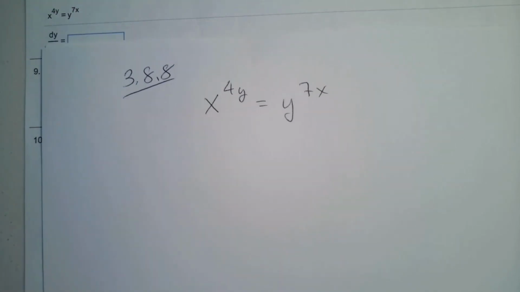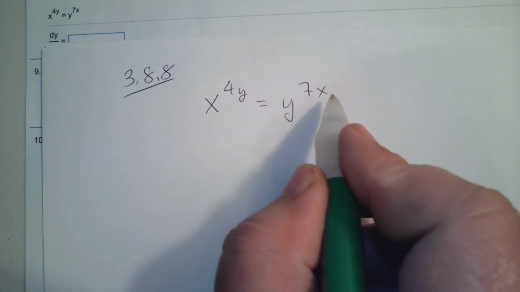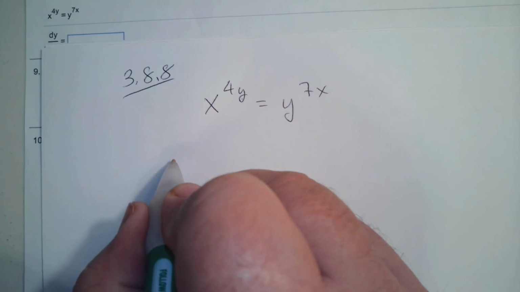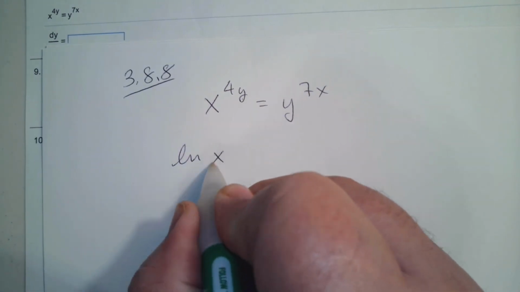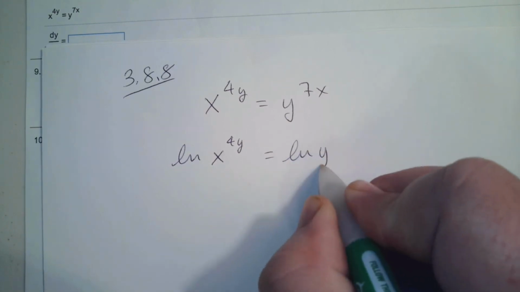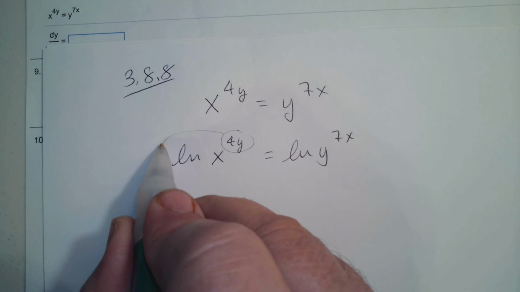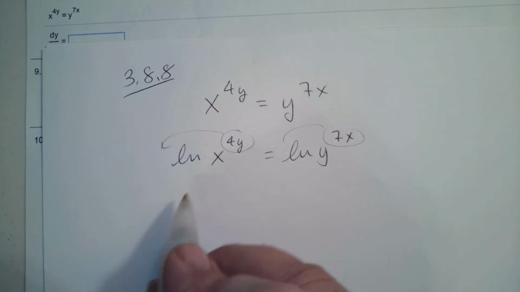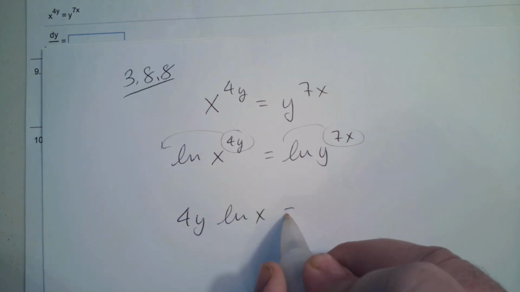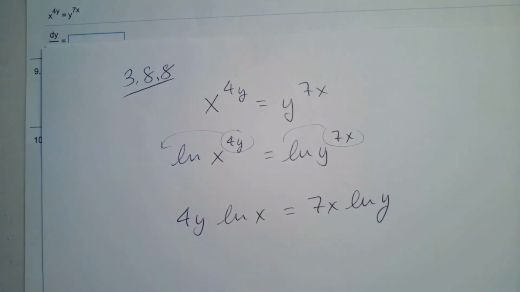All right. Since the exponents are variables, we have to get rid of them. Not get rid of them, bring them back down. So we do that by taking the ln of both sides. What that does, that brings the exponents down. So we have 4y ln x equals 7x ln y.